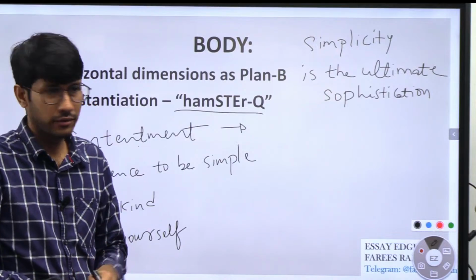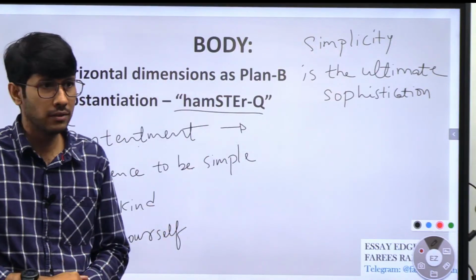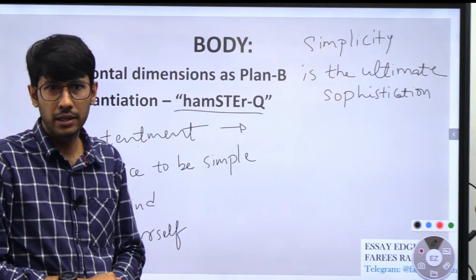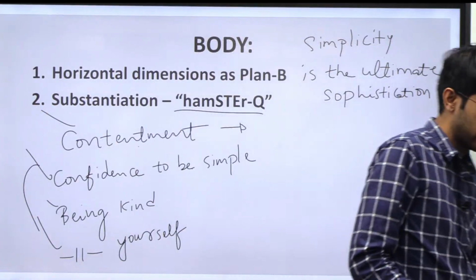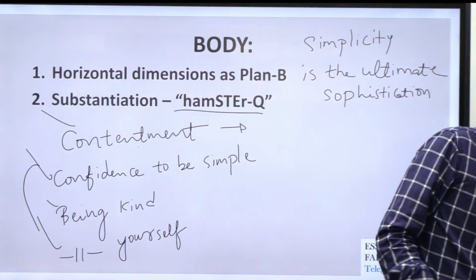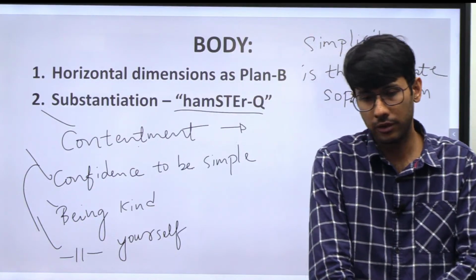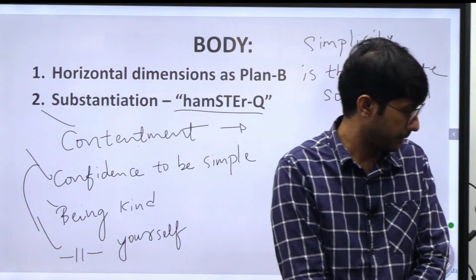So, B approach. First, as many horizontal dimensions as possible with respect to the topic, right? So first take down the write up. Descriptive type of essay writing, subheading.